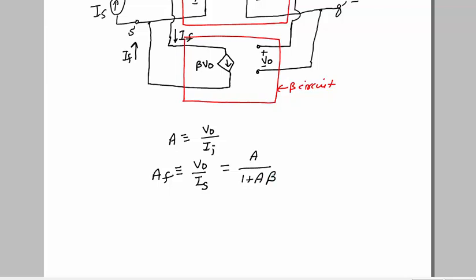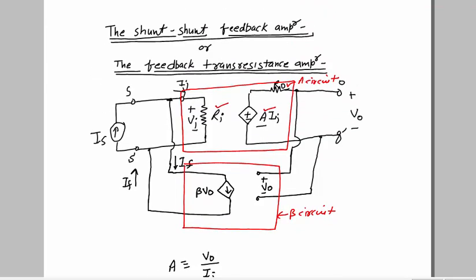Now if you want to draw the equivalent circuit of the feedback amplifier, we have to include RIF and ROF, which are the input and output resistances with feedback. If I look from here, this is the input resistance with feedback, RIF, and from here it is the output resistance with feedback, ROF. So how will we draw the equivalent circuit, looking from Is for RIF and V0 for ROF?